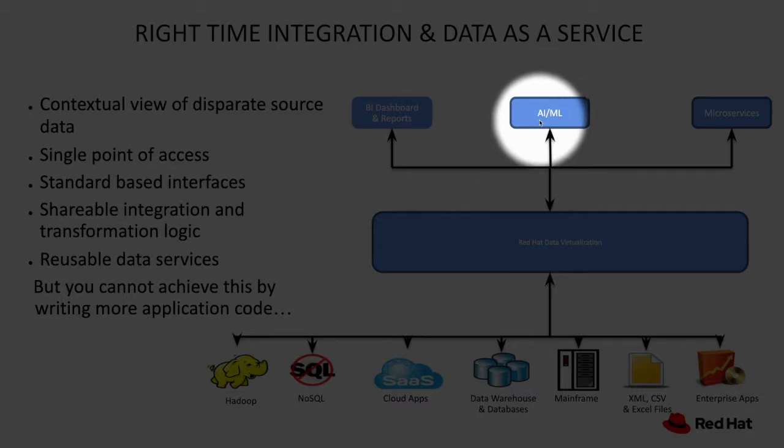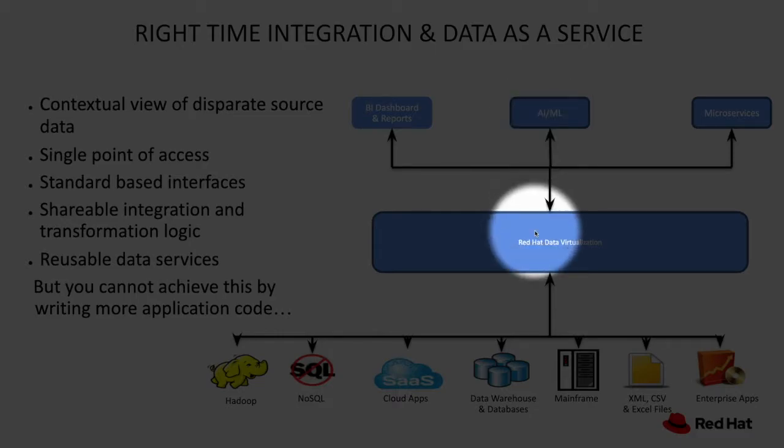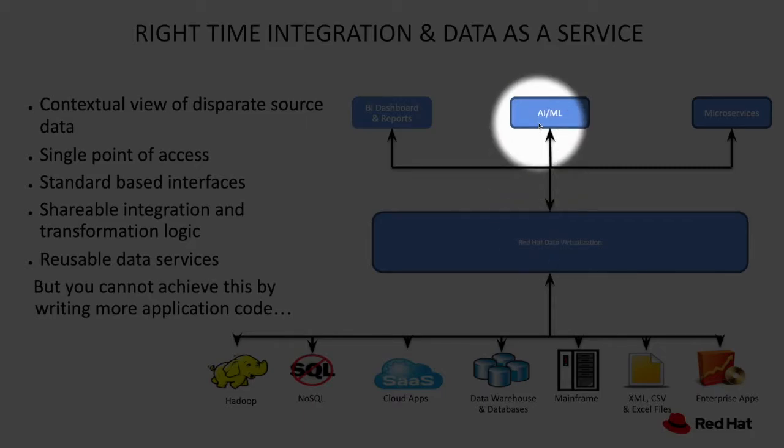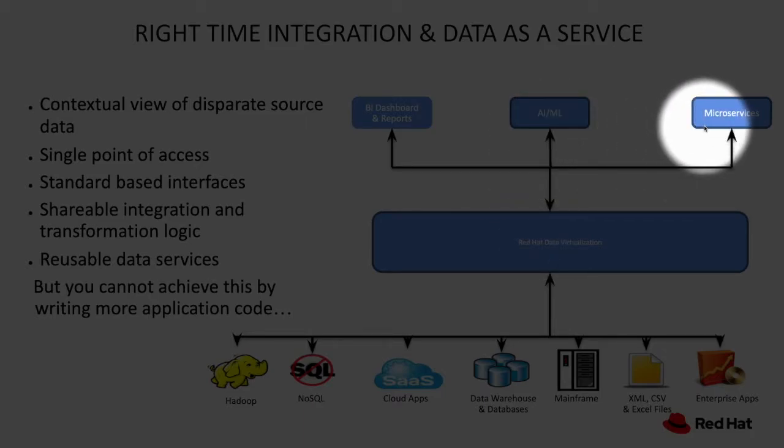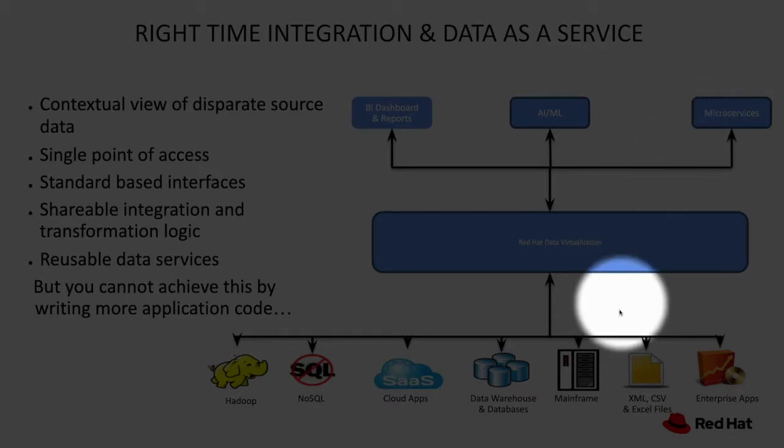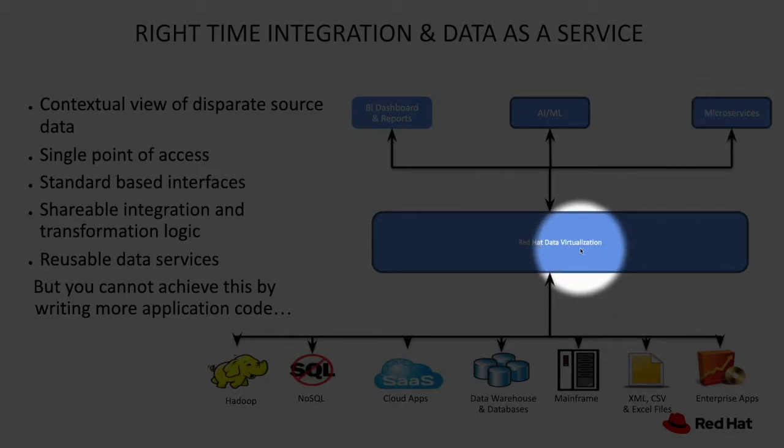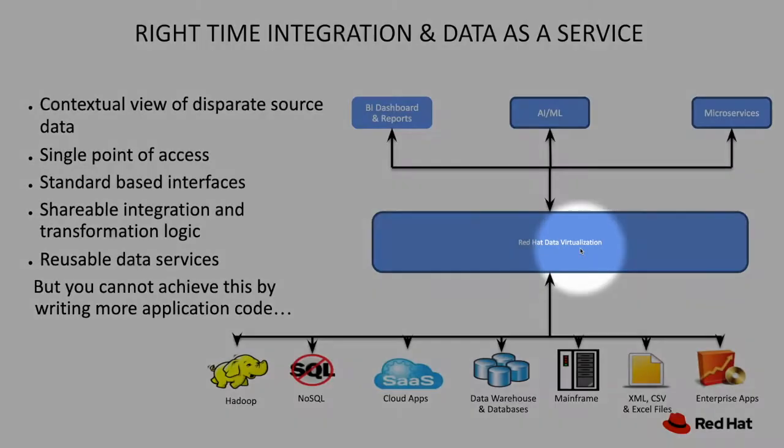Your AI and machine learning applications will use the data virtualization layer as an abstraction layer to unify the access of data from various data sources to train your model. And for microservices, you'll be using the RESTful API to access the data via the virtual database.